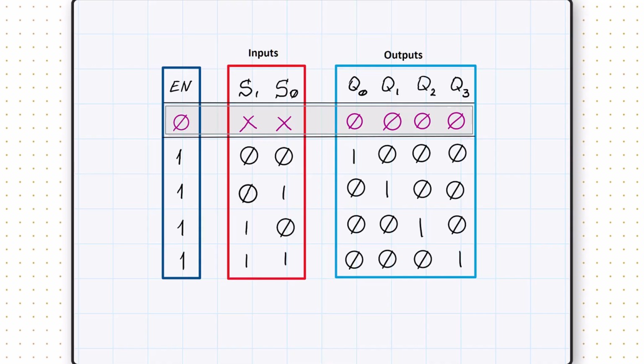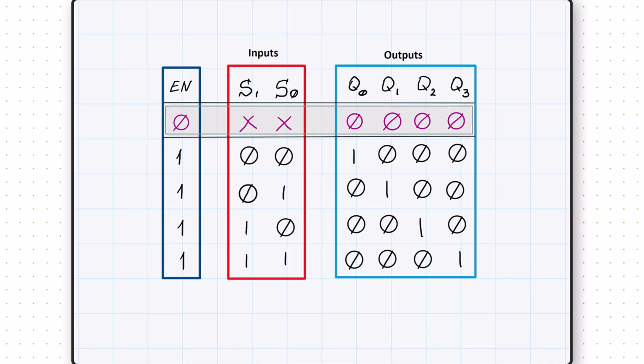So S1 and S0 are going to be noted in the truth table with X values. The respective outputs Q0, Q1, Q2, and Q3 are also going to be all zeros, so we are not going to have an active output on that particular row.